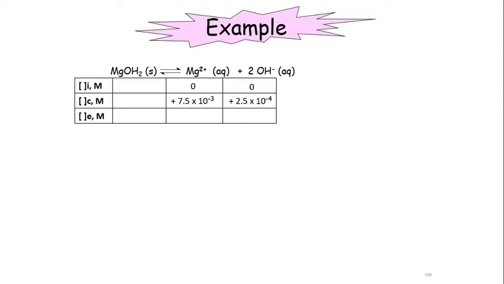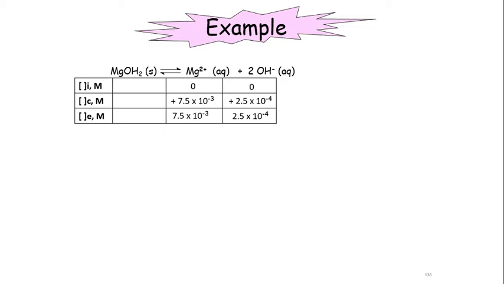So, at equilibrium, the concentration of Mg2+ is 7.5 times 10 to the power of negative 3 and 2.5 times 10 to the power of negative 4 for OH-.